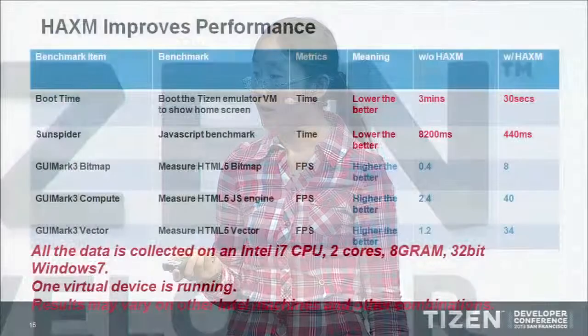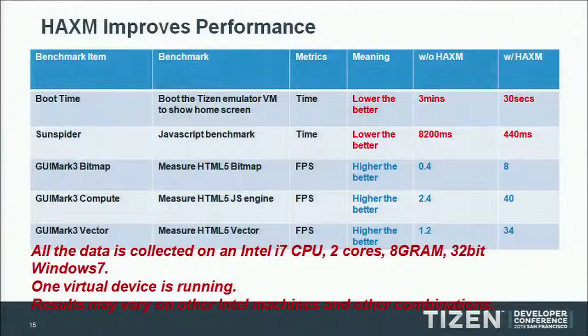Here is the performance data. Please notice, all the data is collected on an Intel i7 CPU, 2 cores, 8 GB RAM, on a 32-bit Windows 7 host. We only let one virtual device run on the host.